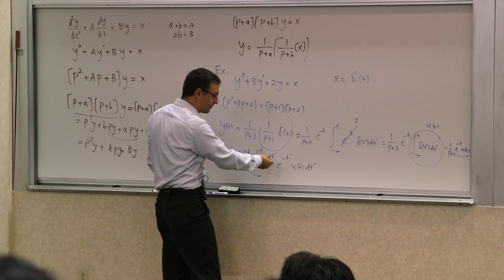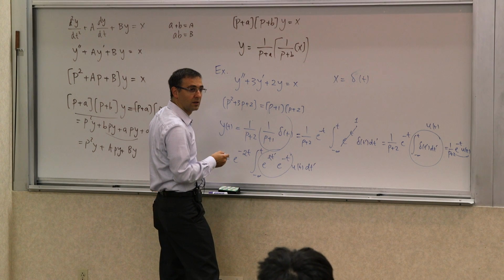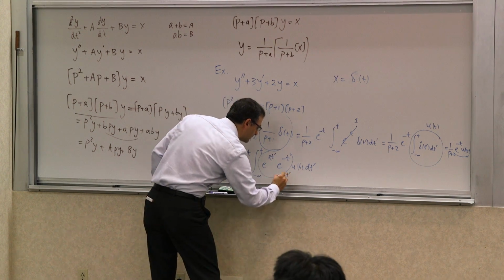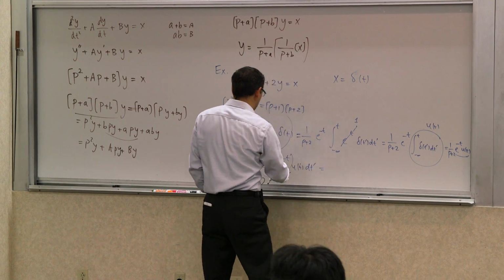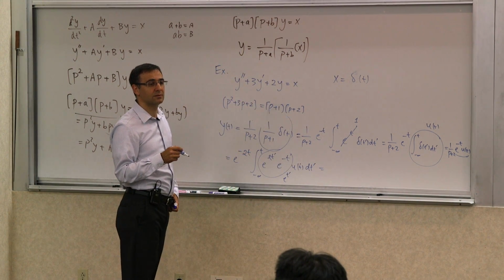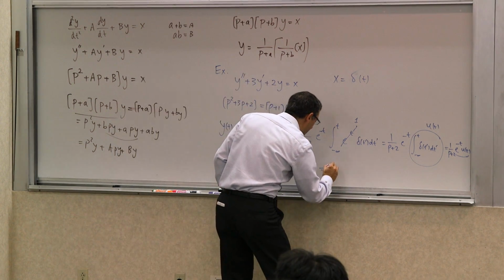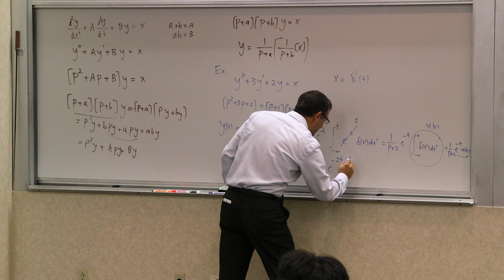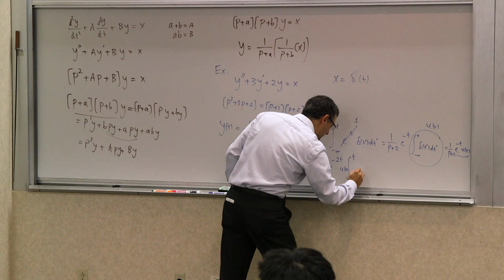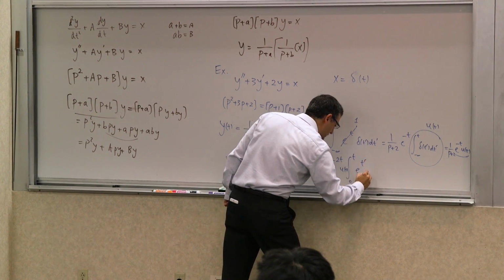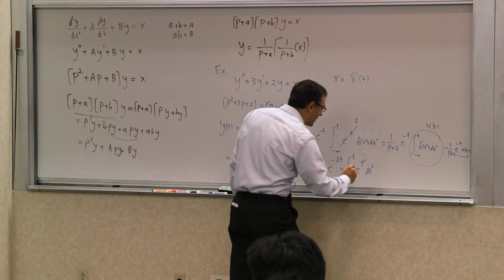Well, this simplifies a little bit, right? What is this product? E to the t. And what is that integral? What can I do with the step? Right, I can take it out and change the bound. So I get e to the negative 2t, I take the u of t out, I get the integral from 0 to t of e to the t dt. And this should be doable.